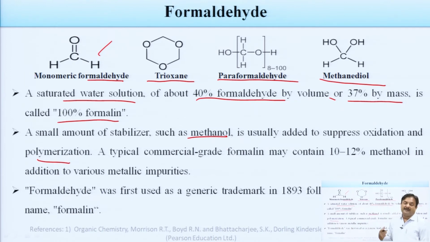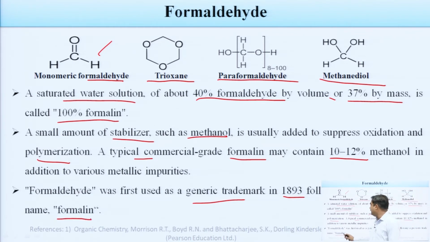Methanol is added to increase its stability so that it cannot polymerize. A typical commercial grade formalin may contain 10 to 12% methanol in addition to various metallic impurities. Very important point. Then formaldehyde was first used as a generic trademark in 1893, following a previous trade name, formalin.